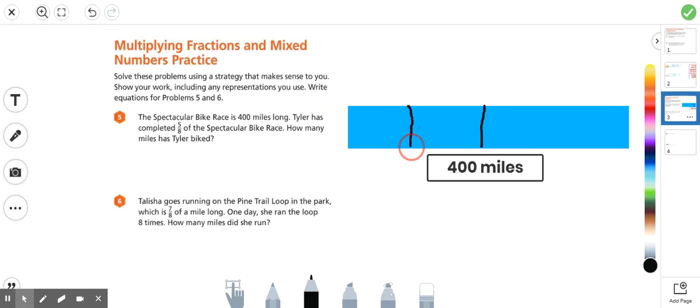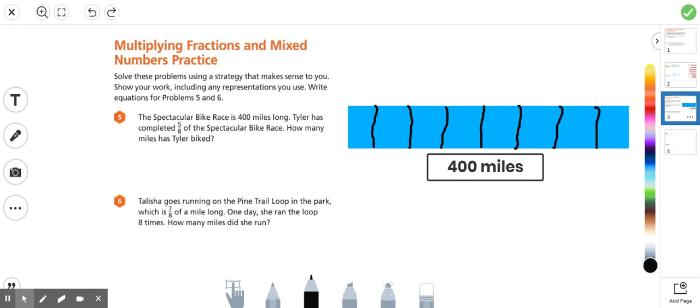And bear with me here. I'm going rogue and just using my little mouse. So I'm taking that race and I'm breaking it up into 8 pieces. So if I took 400 and I broke that apart into 8 different groups, I'm going to divide 400 into 8 groups.